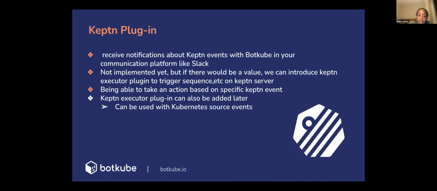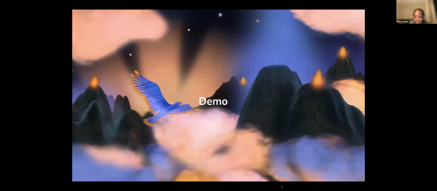Today we'll be demoing with Slack, but we would also want to be able to trigger commands based on source events that we get, and then we want to be able to take action based on a particular Keptn event. So I'm going to hand it over to Hussein, the creator of this plugin. I'm just here to highlight his work. So yeah, take it away, Hussein.